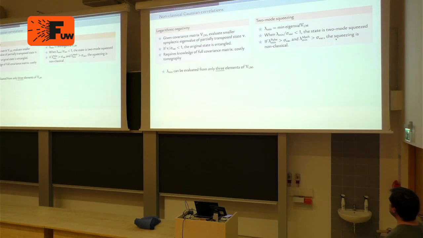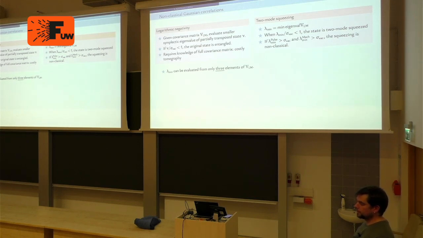Maybe I could have written here that the bipartite state is non-classical because it has squeezing, which is distributed, because we are talking here about modes of light. When you say non-classical, you are thinking about correlation, but already at the level of a single-mode state of light, we call the state non-classical.